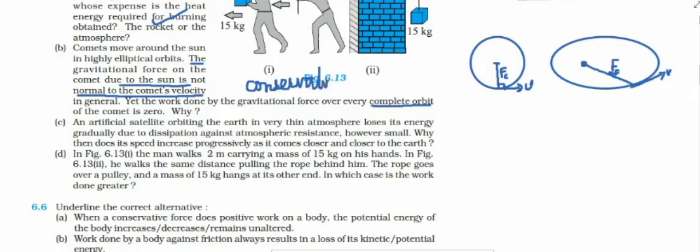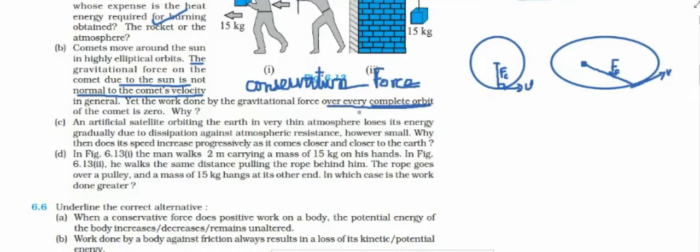Being a conservative force, you know, what is the work done to move an object in a closed path in a conservative force field? Work done is equal to 0. So that is why it is given in the question over every complete orbit.